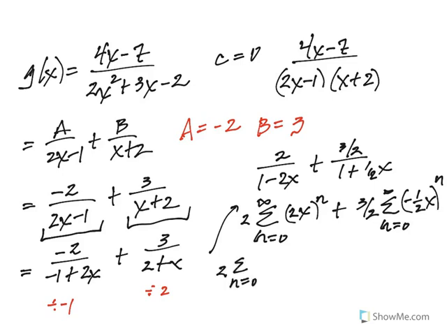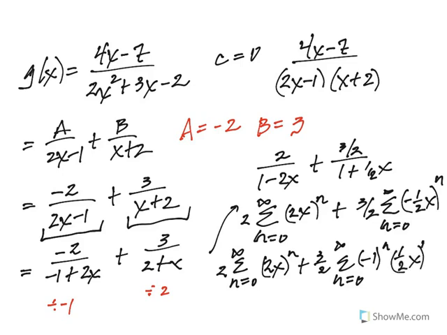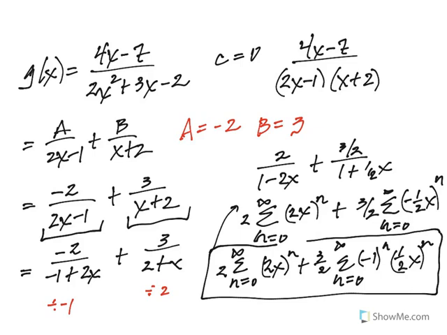So this is 2 times the sum from n equals 0 to infinity of (2x)^n, plus 3/2 times the sum from n equals 0 to infinity of (-1)^n (1/2 x)^n. All right, if I'm just looking for the power series representation of that sum, you can stop right there. If I'm looking for the interval of convergence, you're going to have to do a couple more steps. So let me just make some room. I'll go to the next page, and we'll work on those.